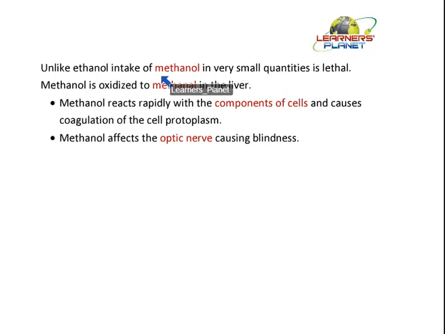Now, unlike ethanol, intake of methanol in very small quantities is lethal. If methanol is consumed, a person is bound to die. He will die because it is poisonous in nature. Why? Methanol is oxidized in the liver. Now, what is the formula of methanol, students?